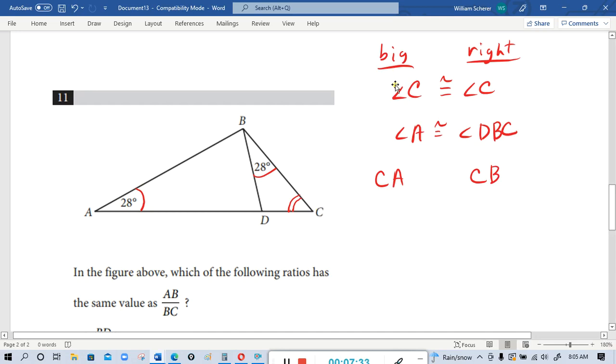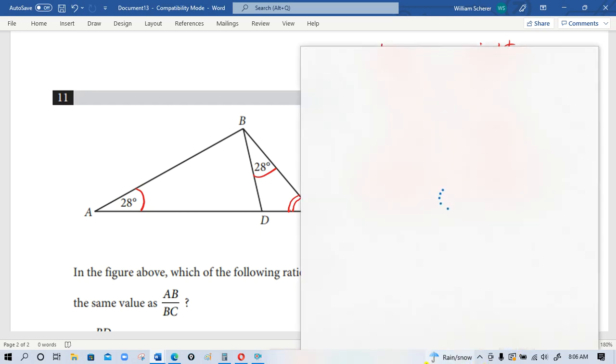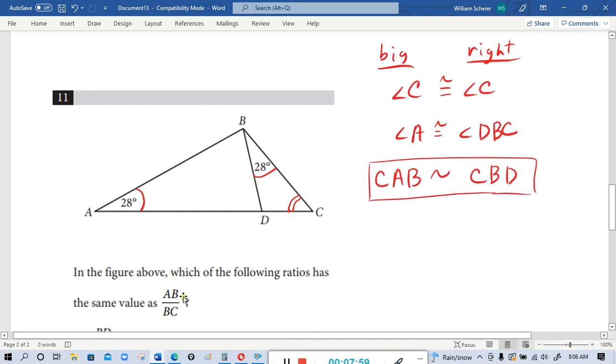For the big triangle, we have CAB, and for the triangle on the right, we have CBD. So those two triangles are similar. And they want to know what is the same as AB over BC.